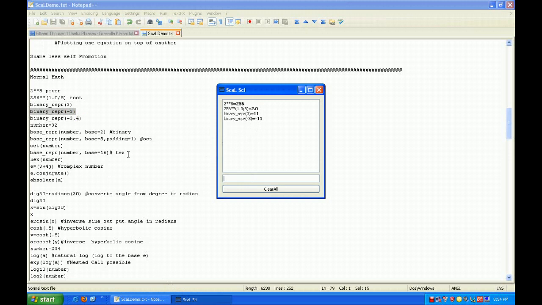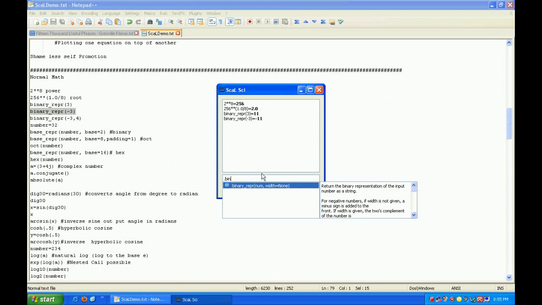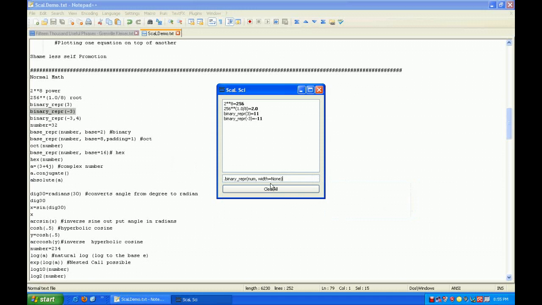Binary representation of -3. It has a drop down help also, and function wise help. That's pretty much self-explanatory.